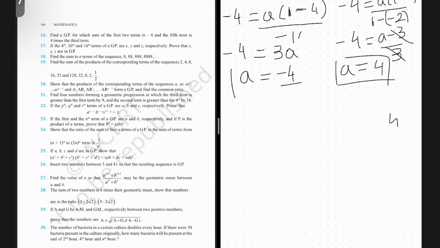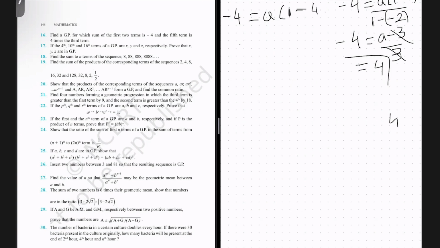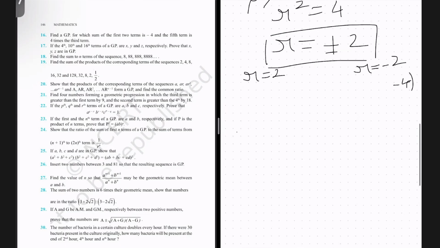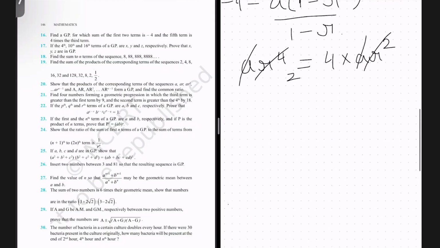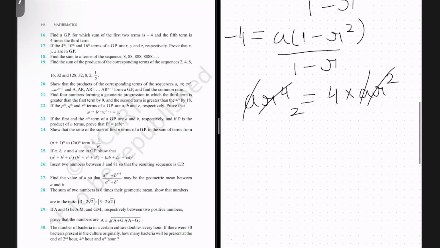We have been able to complete 16 questions of this exercise, and in the next session, we are going to take the remaining questions of this exercise, and we are going to be able to solve this entire exercise. Meanwhile, I would urge you guys to revise all the formulas once.